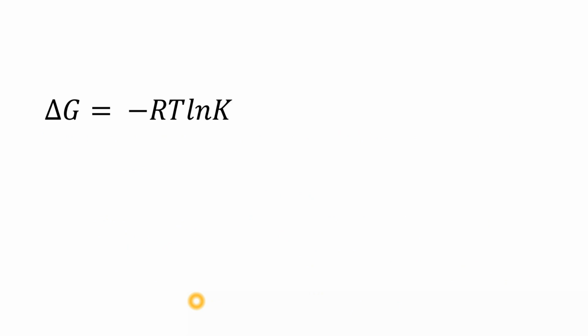First, we know that delta G is equal to minus RT ln K. You remember this formula? Delta G, Gibbs energy, is equal to minus RT ln K. And we know we have given delta G, we have given T. So we will put the values of these.